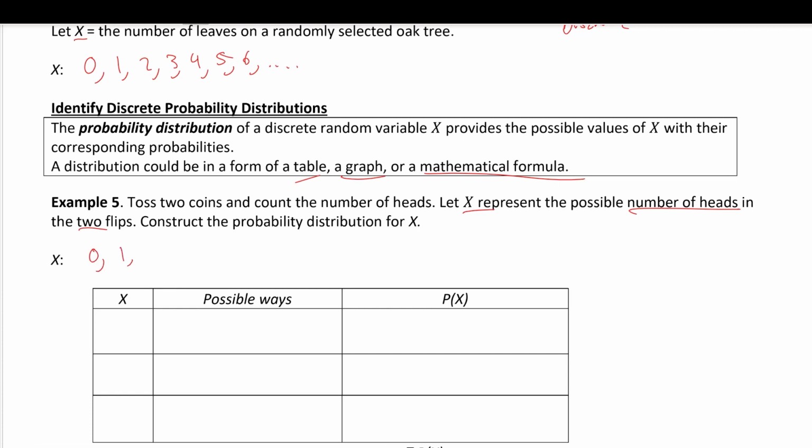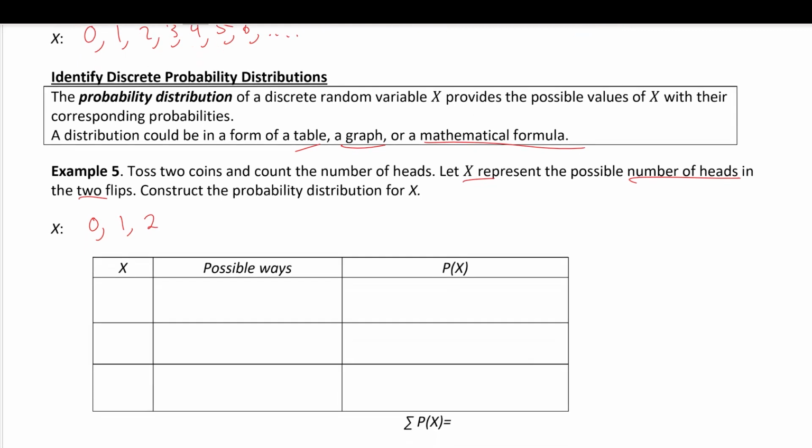Can we have 1 head? Yeah. Can we have 2 heads? Yeah, that would be 2 heads from 2 coins. You can't have more than that, since there's only 2 coins. So x ranges from 0, 1 to 2, and this list is just describing how you can actually achieve these.